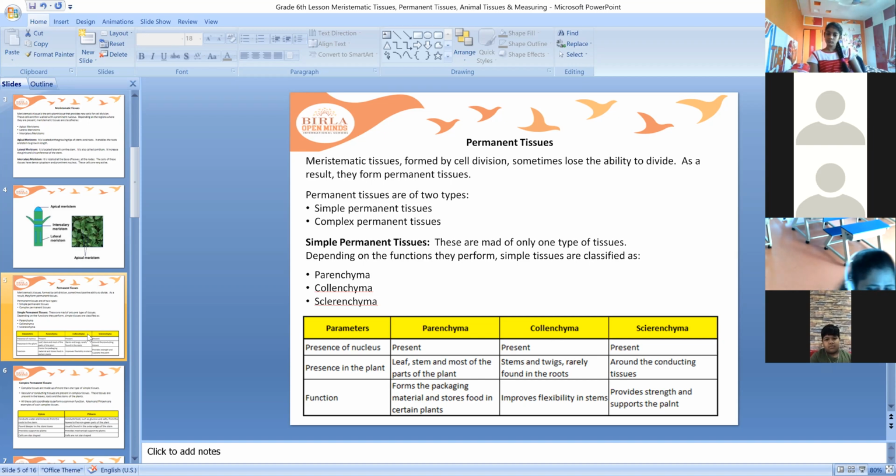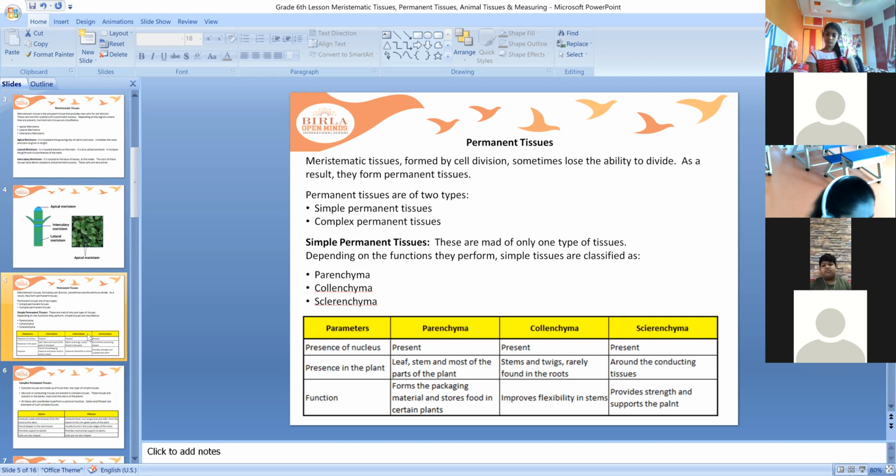Because they lose their ability to divide as they grow older and go deep into the layers of the plant tissues. As the new tissue grows on the tips, these tissues go back and settle down, grow very old, and lose the ability to divide. As a result, they form permanent tissues.